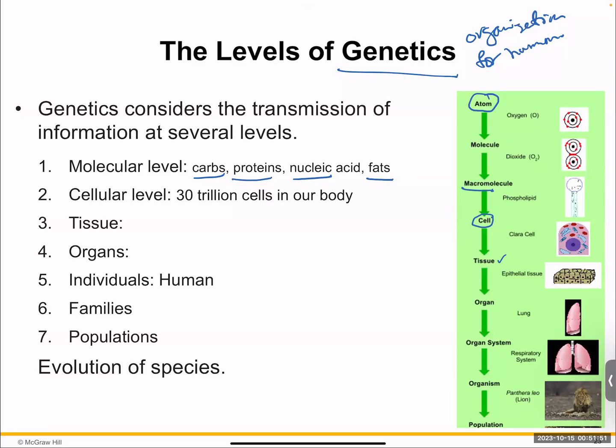Multiple tissues give rise to our organs, like your lung, heart, kidney, liver, intestines, which give rise to your organ systems, like respiratory system, digestive system, cardiovascular system, nervous system. That gives rise to the organism, which in this case, they show a lion, but we're talking about humans. And then if you look at this, humans give rise to families, and families give rise to populations.